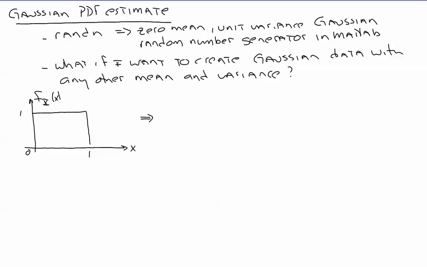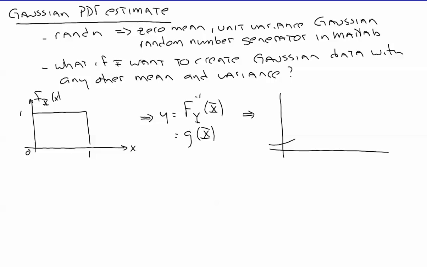I'm going to put this into a transformation function g, which we know to be the inverse cumulative distribution function for y, and I'm going to get out data that is distributed according to a Gaussian probability density function.